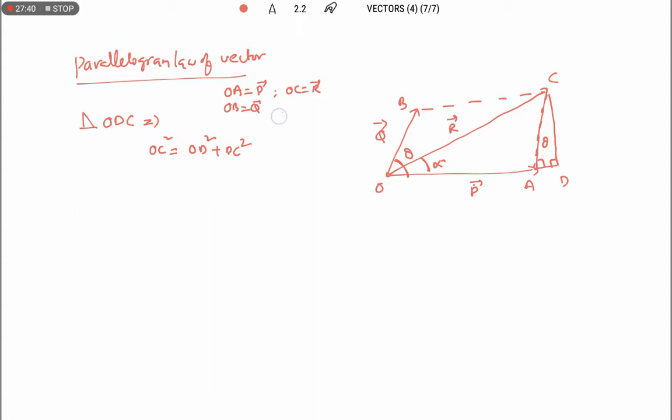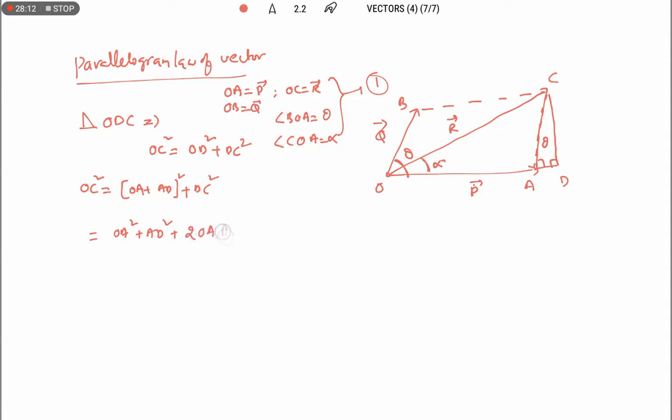Angle BOA is theta, angle COA is alpha. OC square is equals to OD square plus DC square. OD we can write OA plus AD whole square plus DC square. So expanding, OA square plus AD square plus 2 OA AD, plus DC square.